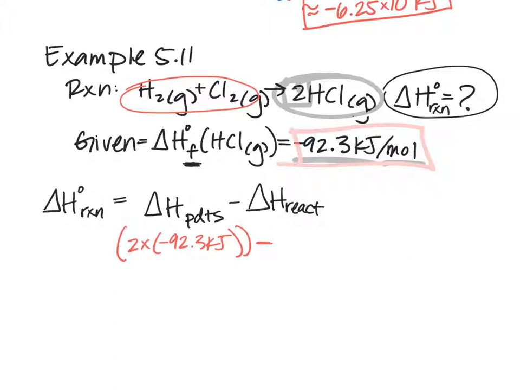Now, there's a special little rule that you will not be responsible for memorizing, but I'm just going to tell you about this, that elements, these are both elements because they only consist of one type of atom. There's 2 hydrogens here and 2 chlorines here. They both have delta HF values of 0.